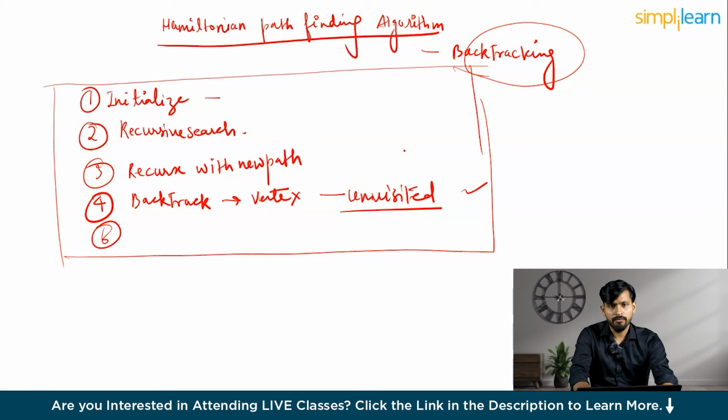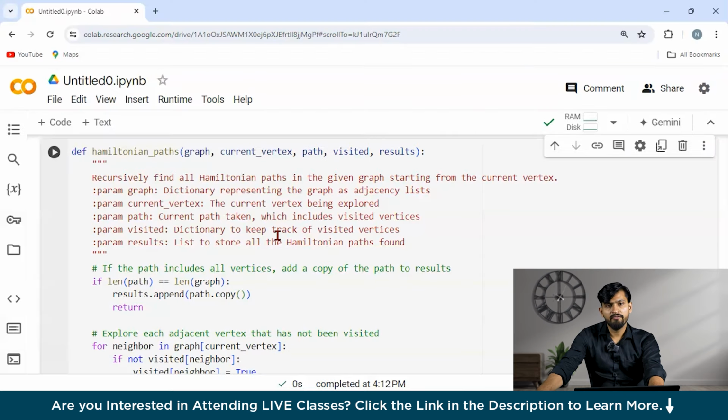Now, let's try to solve this problem using Python. You can see all over here, we have defined the Hamiltonian path function. Here you can see the parameters: the graph, the current vertex, the path, visited, and result. Now, let us try to understand each part one by one. First, let us discuss the time complexity.